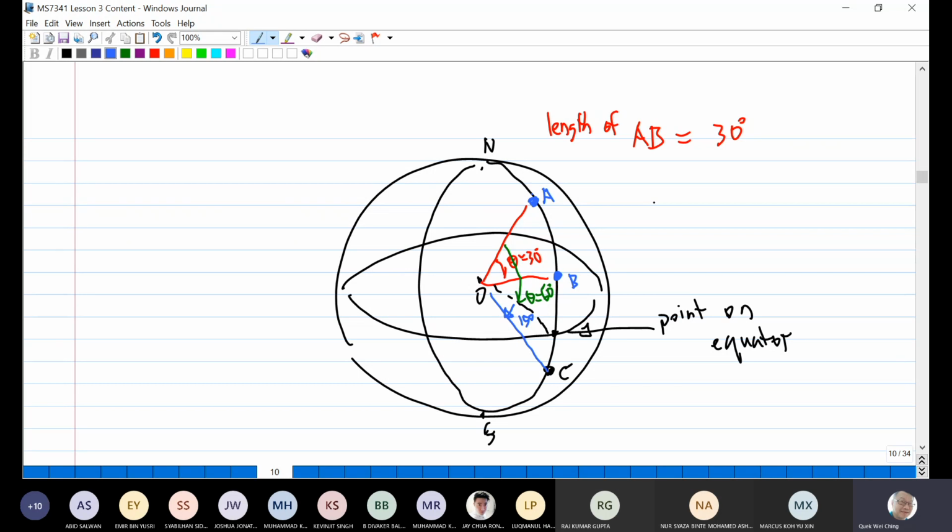So what is actually AC now? A to C, the length of AC. You can measure the angle by adding up the angles here. A to the equator is 60 degrees, then equator to the point C is 15 degrees. So this is 75 degrees.